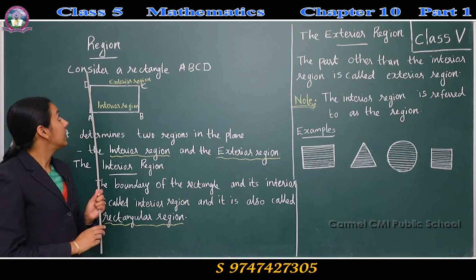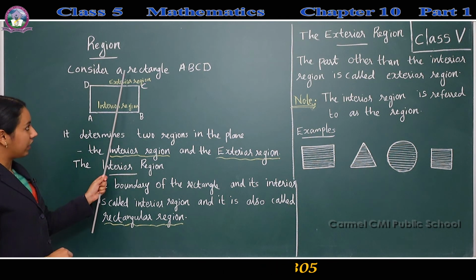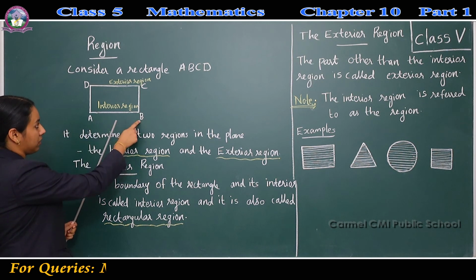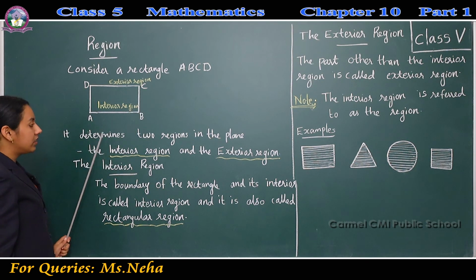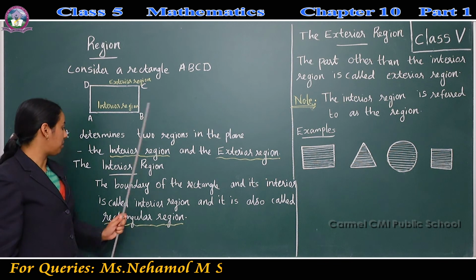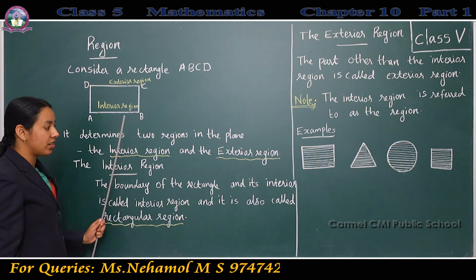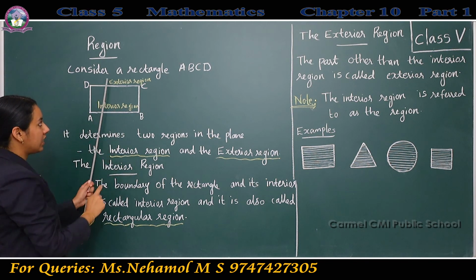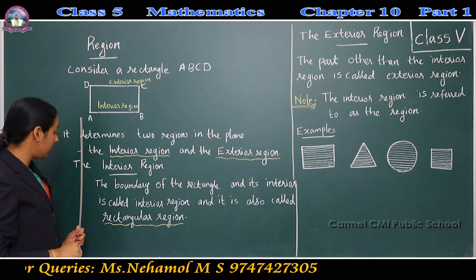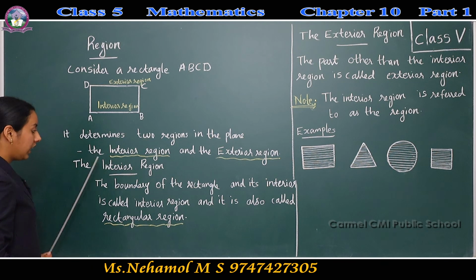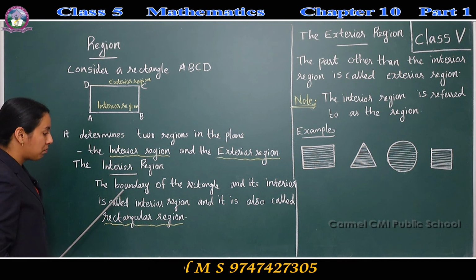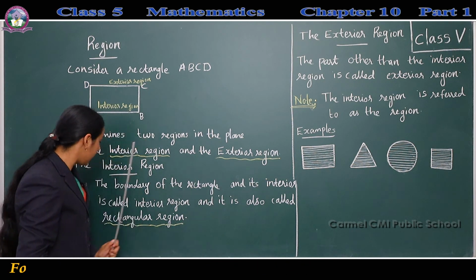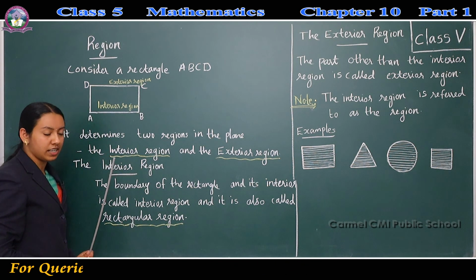Next topic, region. Consider a rectangle ABCD. One rectangle is given here. It determines two regions in the plane, the interior region and the exterior region.